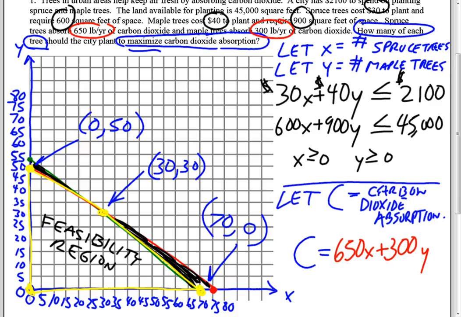Elimination. We want to get rid of one of the variables so we can only deal with one variable. Negative 800 and positive 900, 100y. Negative 42,000 and positive 45,000, 3,000. What does y have to be? 30.